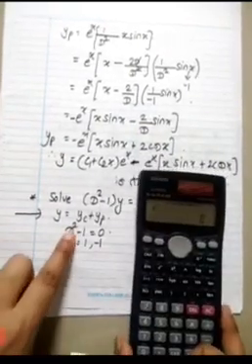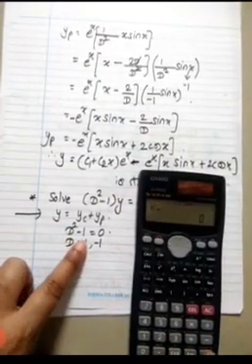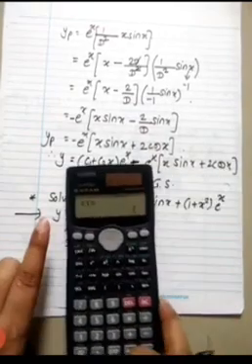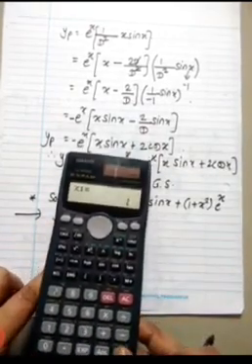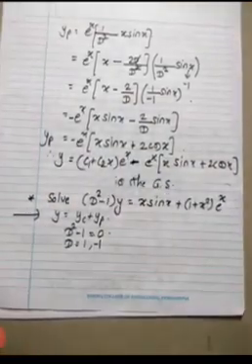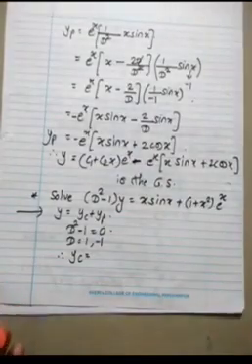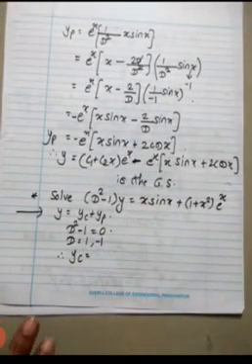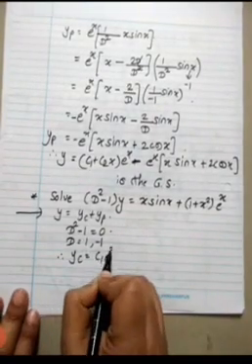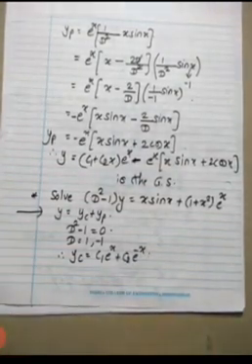A is here 1, B is 0, and C is minus 1. So we get x1 is 1 and x2 is minus 1. So 1 and minus 1. Good. Therefore, yc is c1 e raised to x plus c2 e raised to minus x. Very good. Done. This is yc.